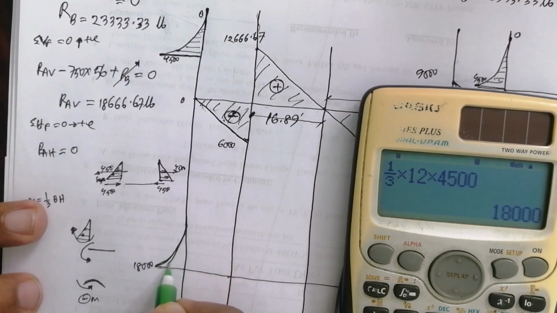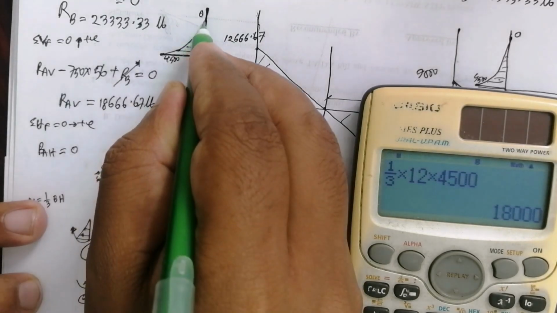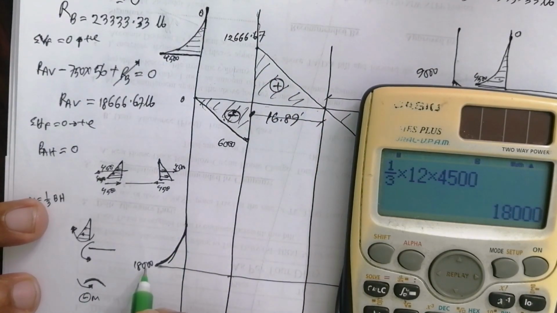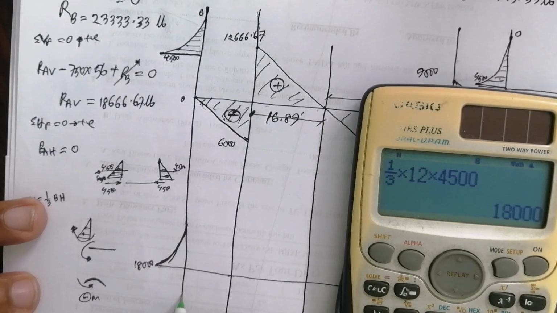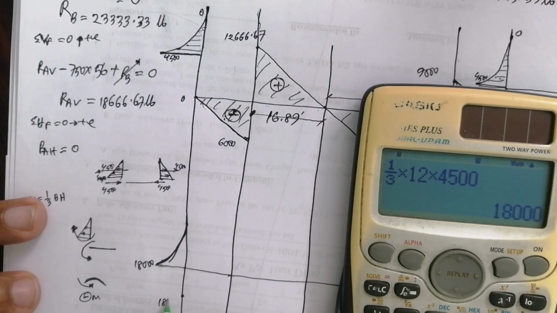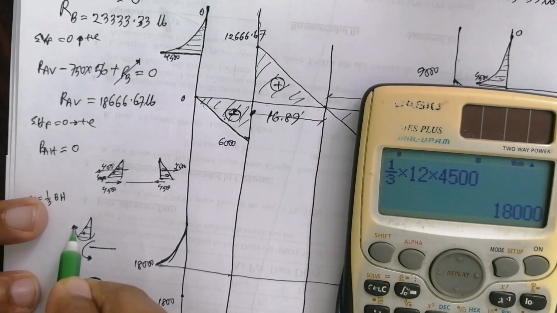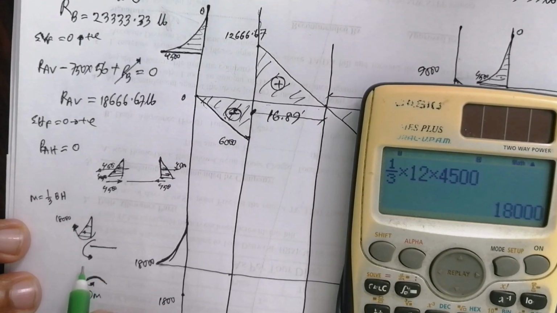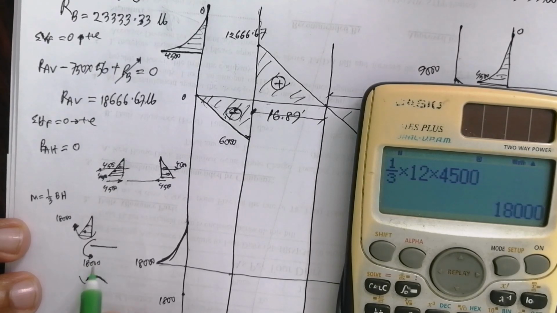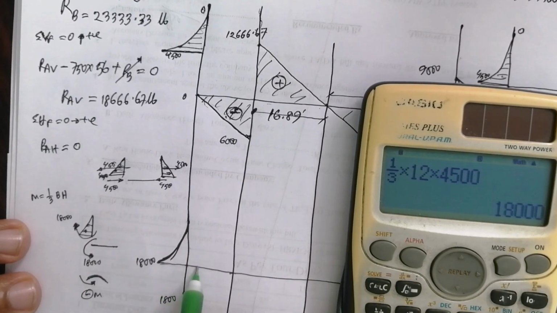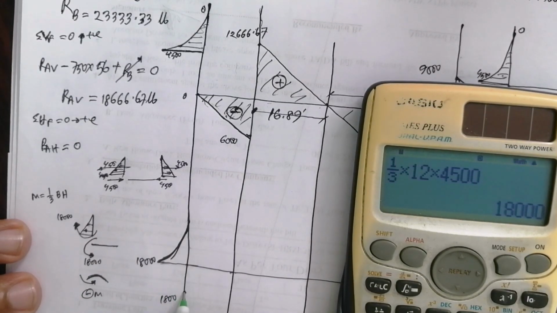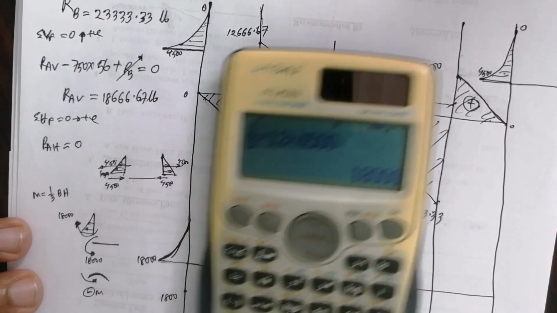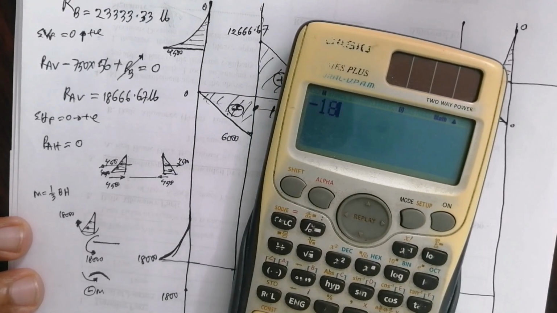This curve is very sharp from this to this. So it starts from here 18000, because this moment 18000 transits to this frame. So the moment should start from here, negative 18000.